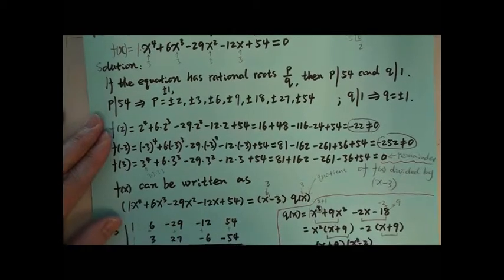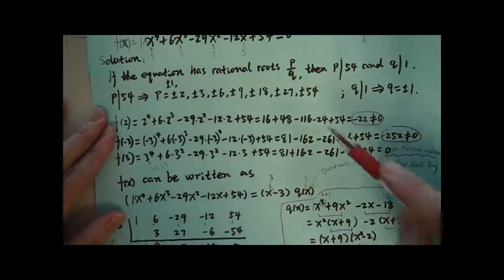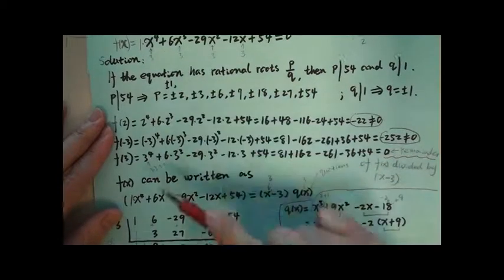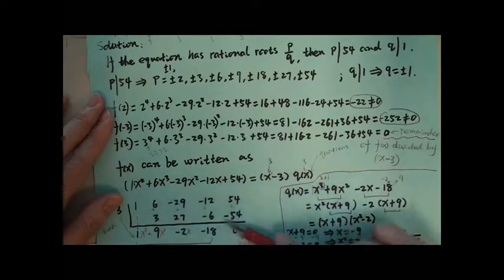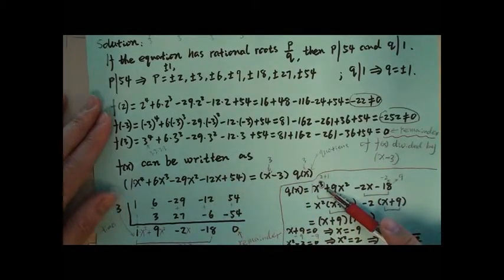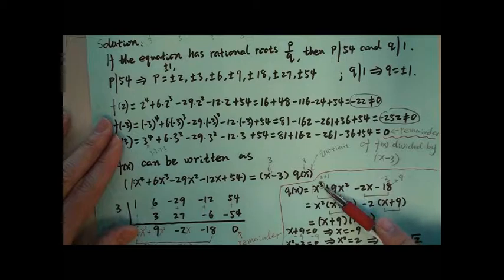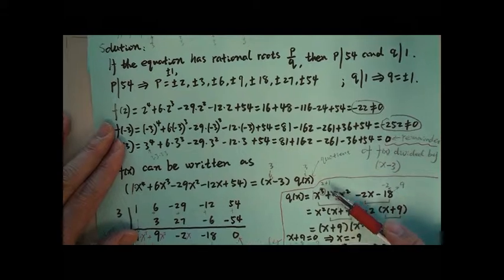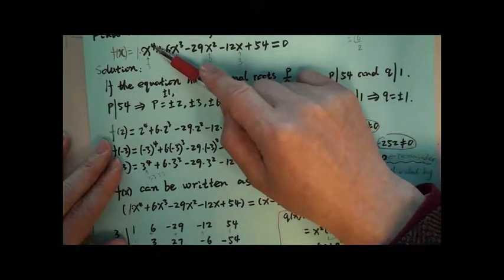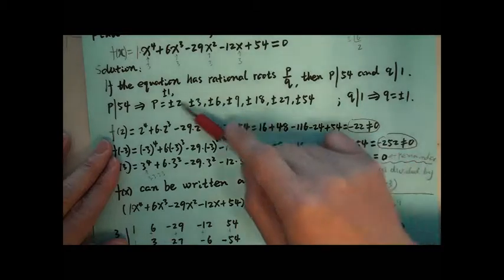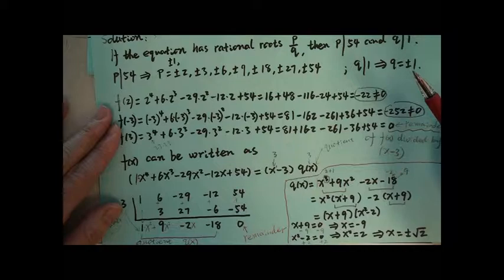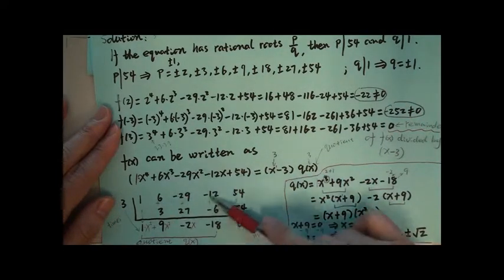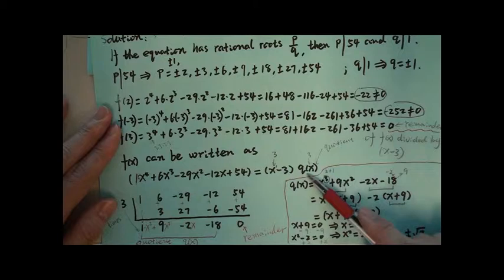After you find one, you can lower the degree from 4 to 3, giving q of x, by using synthetic division. Then you can do the same way to lower the degree from 3 to 2. Here we lowered the degree from 4 to 3 by doing those steps. So the second major step is using synthetic division to find q of x.